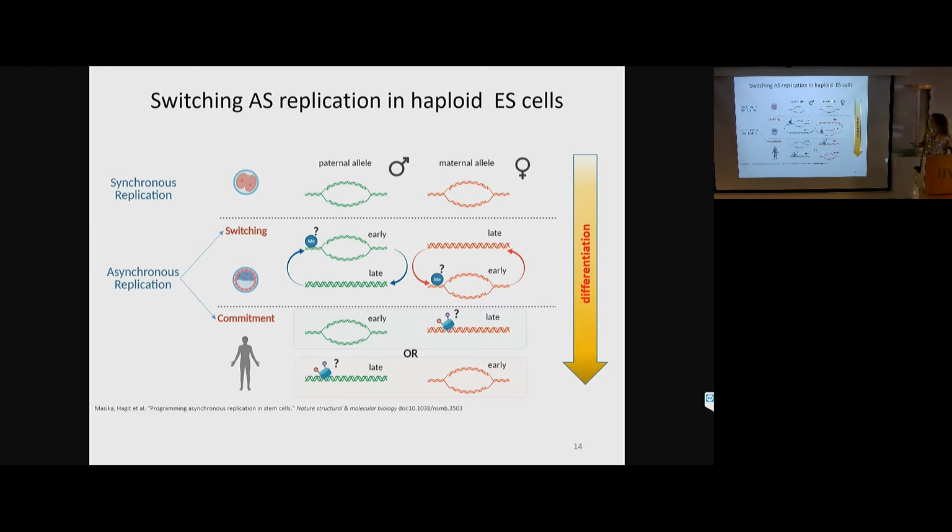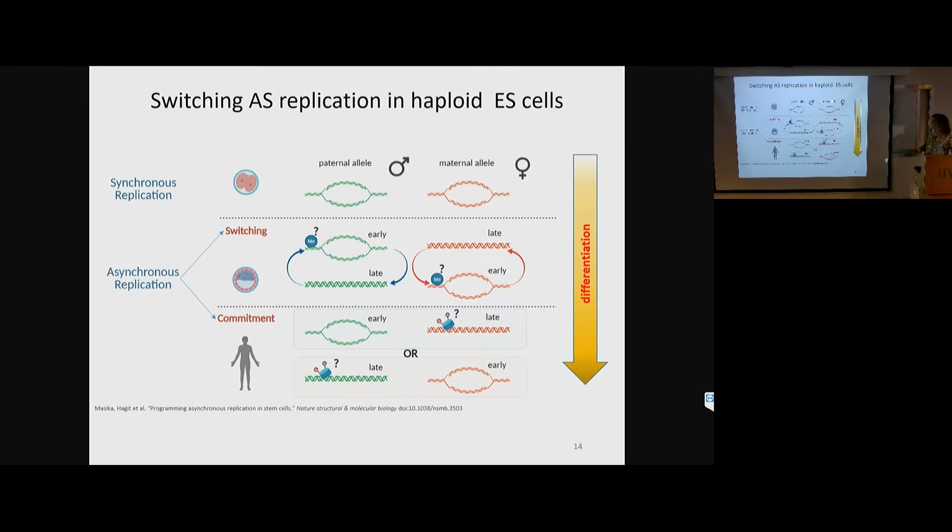So when it's synchronously replicating, then they replicate at the same time, the paternal and the maternal allele. In B cells or in somatic cells, you have a commitment, either the paternal early or the maternal early, and they stay the same. But in ES cells and other stem cells like hematopoietic stem cells, neuroprogenitors, etc., we have this switching mode.